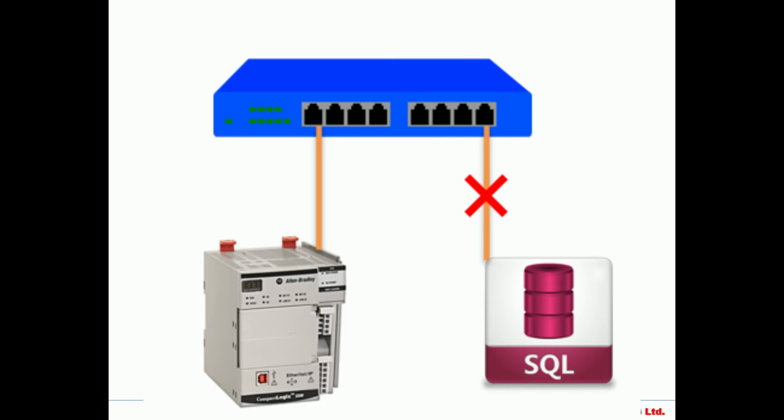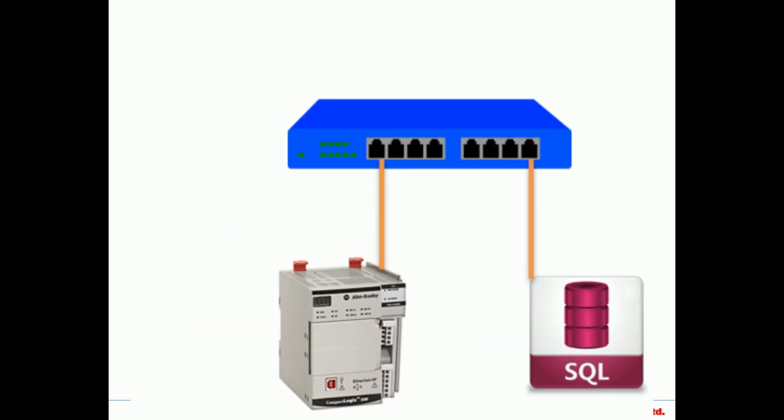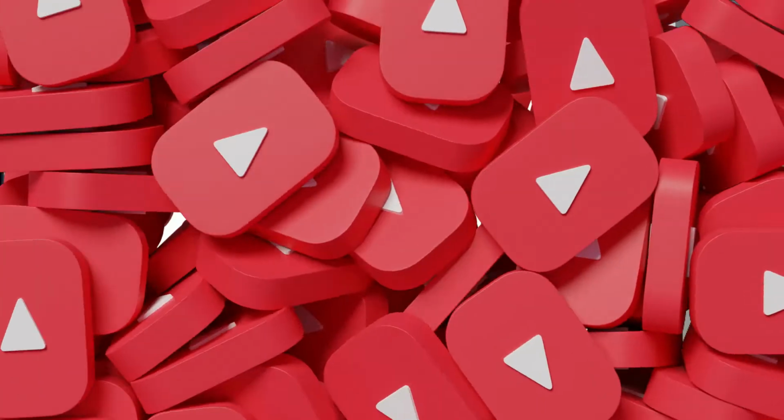And then once the connection is back and established, we will push, or forward, that data back to the SQL server, so that we don't have any gaps in our data inside the SQL server database. So with that being said, let's start.